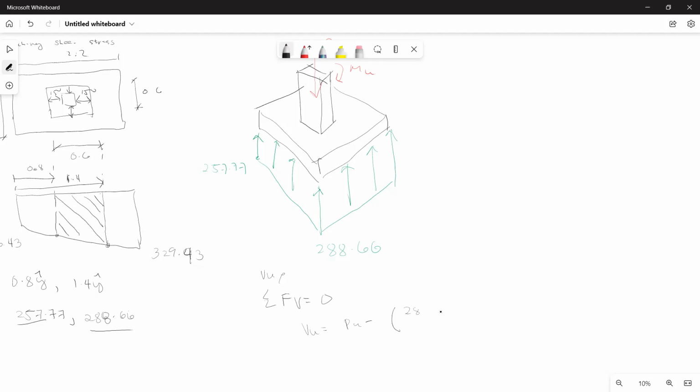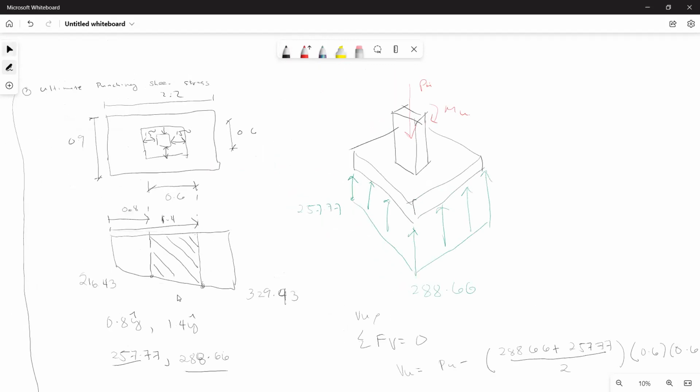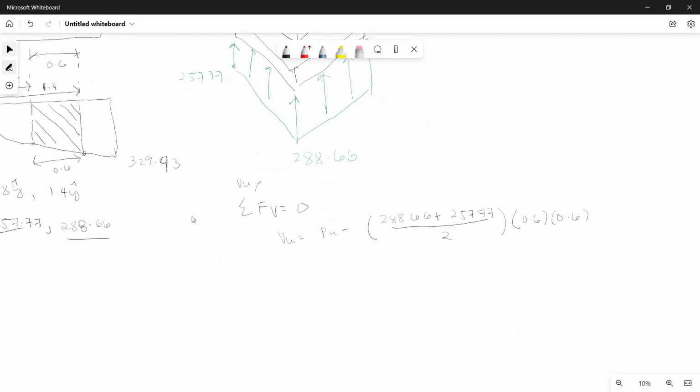So basically that is 288.66 plus 257.77. The height, divide mo by 2, multiplied by the distance 0.6 by 0.6. Okay? So yan yung distance na to. 0.6 dito, itong length na to is 0.6. And yung other side is also 0.6. That is why you have 0.6 by 0.6.